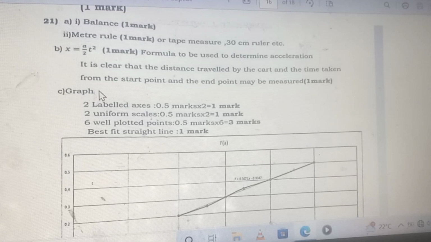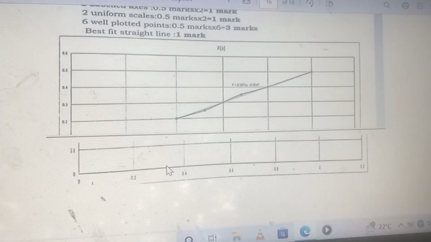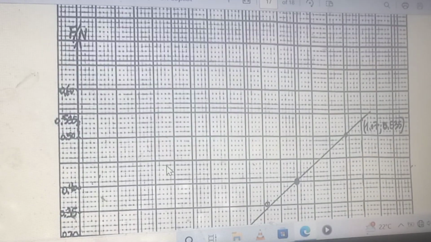Graph. In order to plot the graph, make sure you label the two axes. Make sure you use a uniform scale. Make sure you plot the points well. Make sure you join them to get a best fit straight line as you see here.